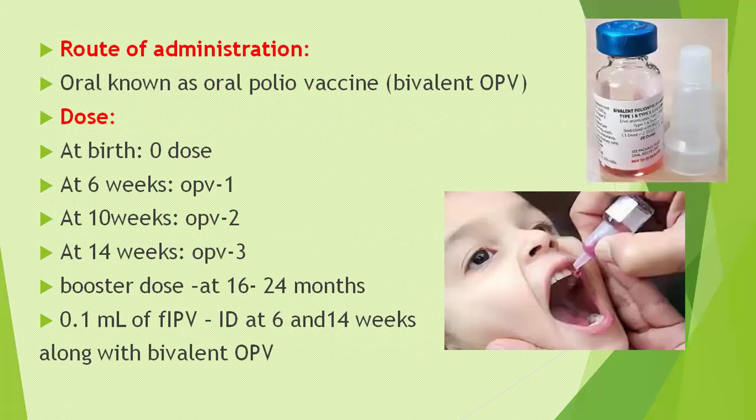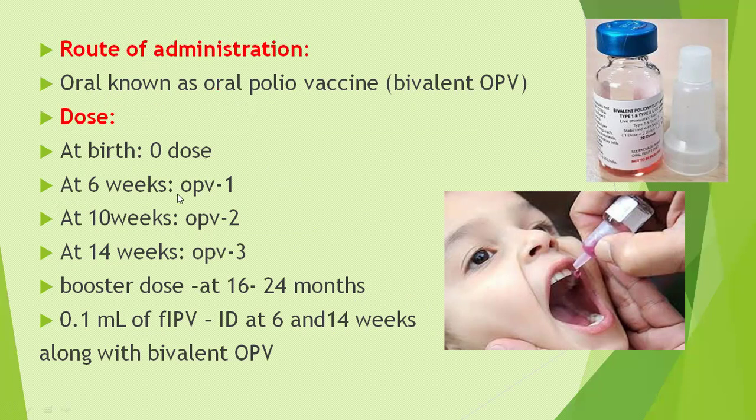What is the route of administration? It is oral, so that's why it is known as OPV, oral polio vaccine. It is given as 2 drops. How many doses are given? Total 5 doses. At birth the 0 dose is given, which is also called the hospital dose, institutional dose or birth dose.